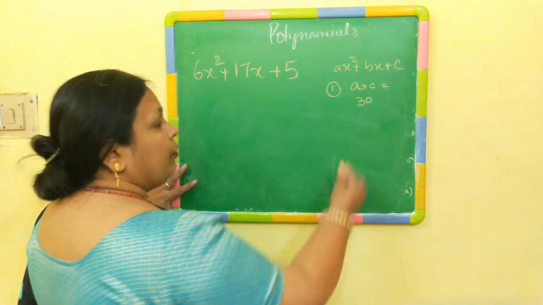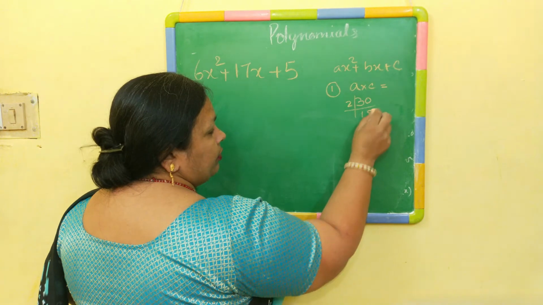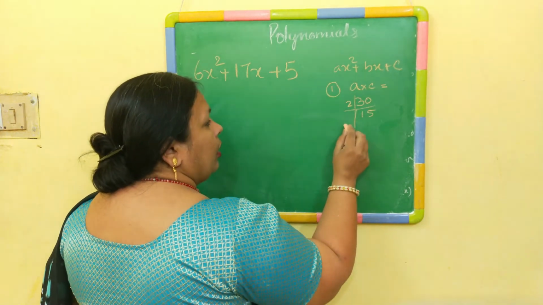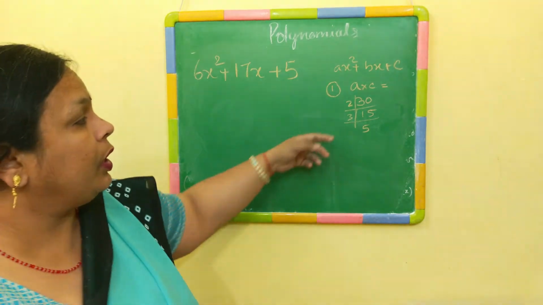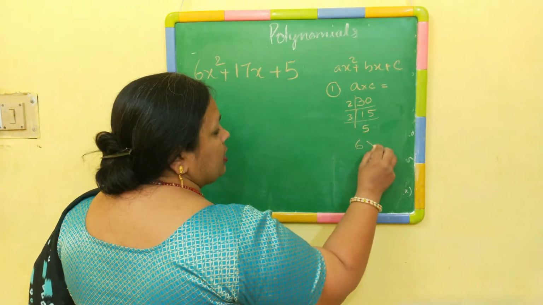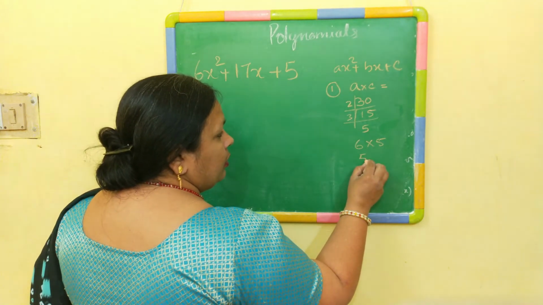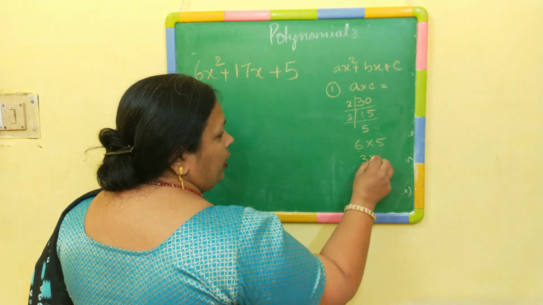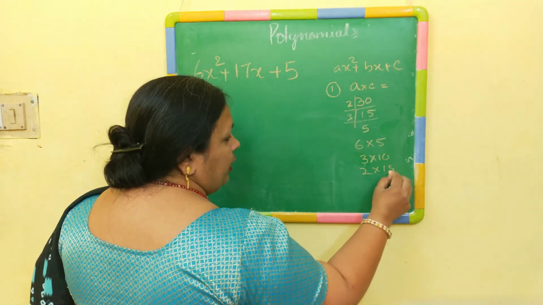If we factorize 30, it's 2 15s, or 3 10s, or 6 5s. So you can take the factors as 6 and 5, 3 and 10, or 2 and 15.